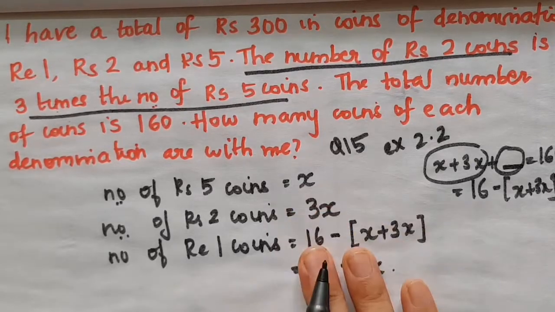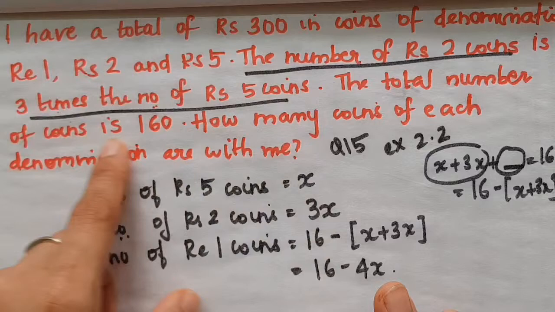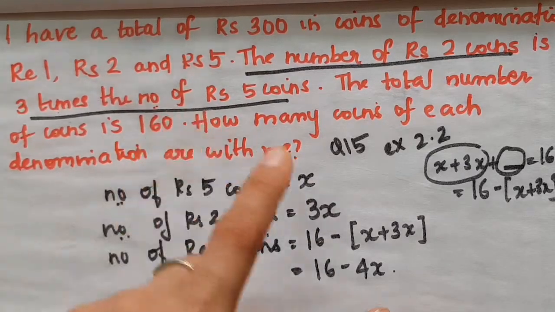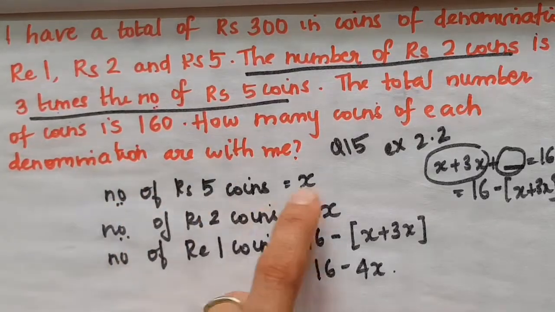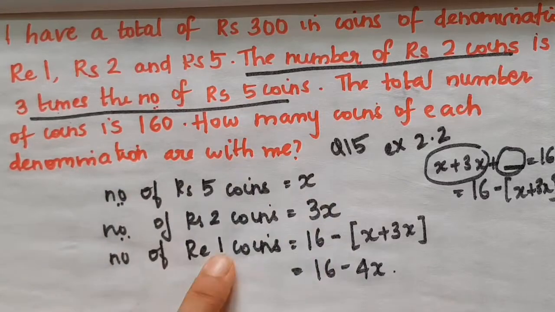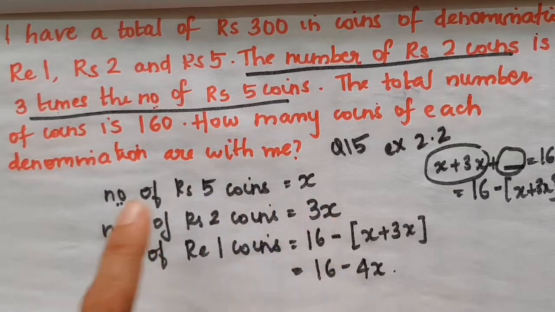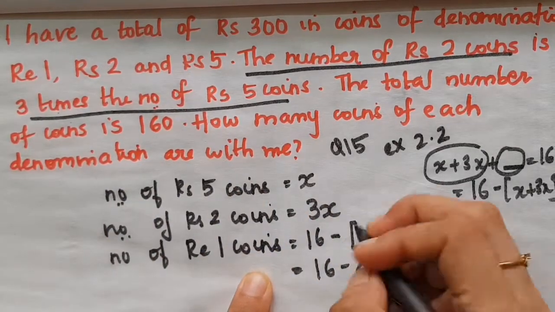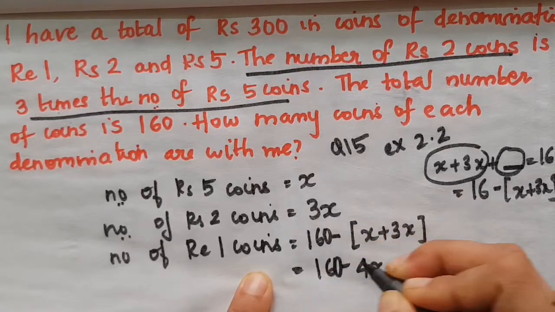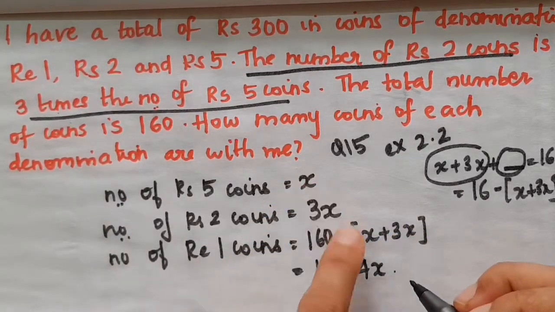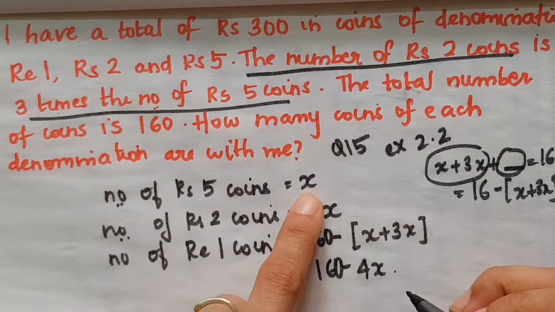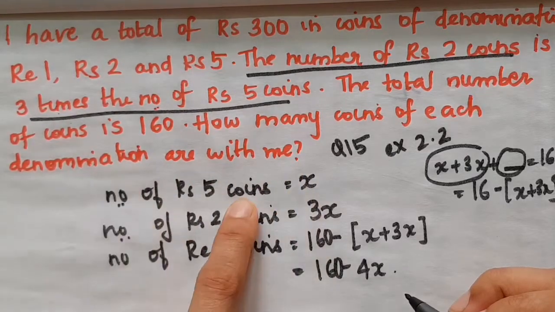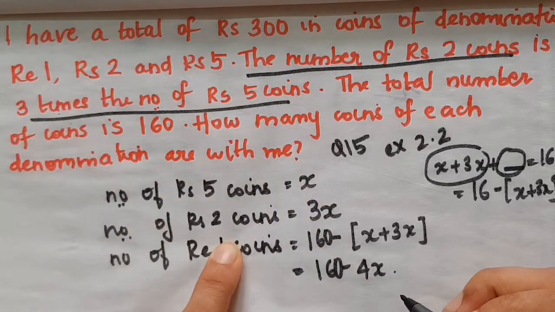Did you understand that? We have been given the total number is 160, and we found out the number of rupees 5 coins is x, the number of rupees 2 coins is 3x. So the number of rupee 1 coins will be 160, that is the total number of coins, minus the sum of rupee 5 coins and rupees 2 coins.